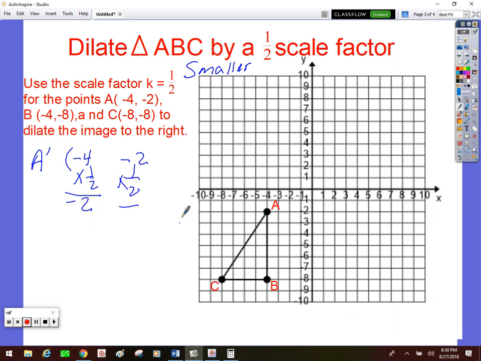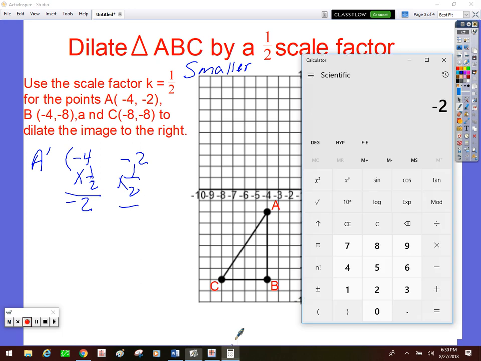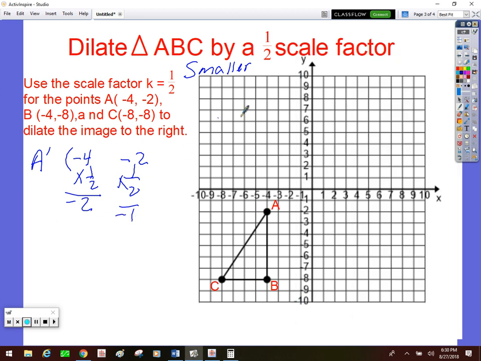Now let's go negative 2 times 1/2, which gives me negative 1. So A prime is going to be at negative 2, negative 1.